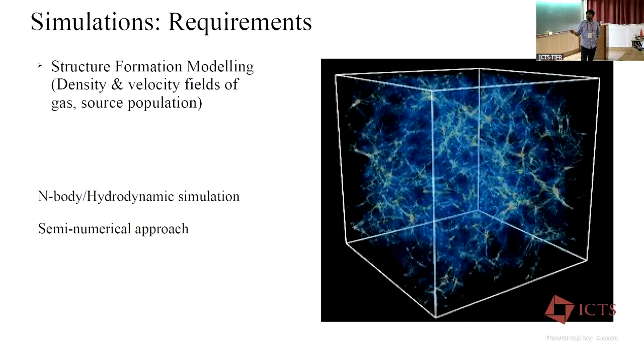So many people just do N-body simulation using only dark matter, and assume that whatever density field they get from the N-body simulations, the hydrogen density actually follows that one, which is true at large scales. If you go to a very small scale, like parsec scale, that will not be the case, but for the scales which we are interested in, this is fine.